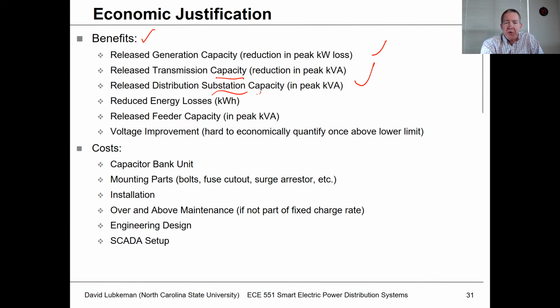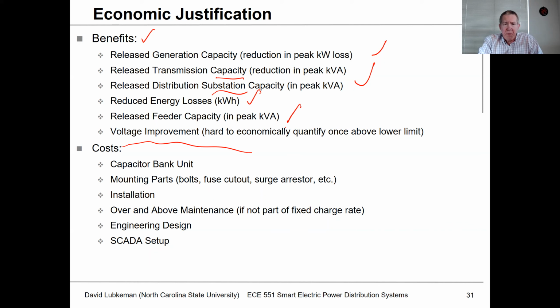There's a benefit due to the fact that if I can reduce my I²R, there's going to be less energy associated with line losses. For feeders on my distribution circuit, there's going to be reductions in capacity required, so I get a release of capacity at the distribution level. And then also there's going to be voltage improvements. This is kind of hard to quantify sometimes if we're in the limits, but if I can keep from having to buy a voltage line regulator, then there could be some benefits there.